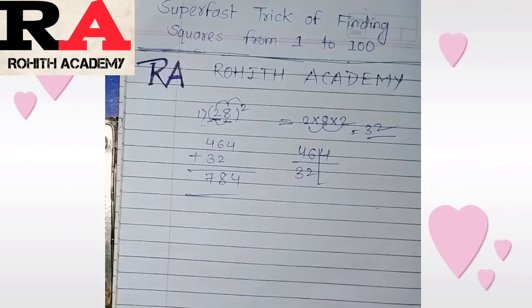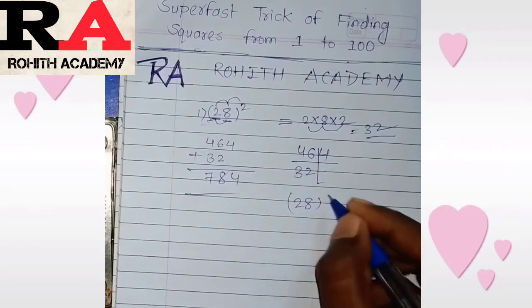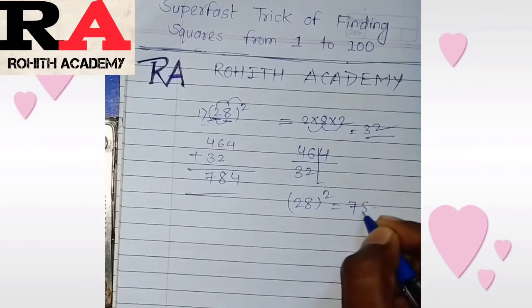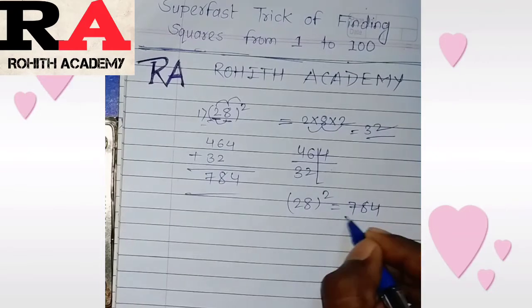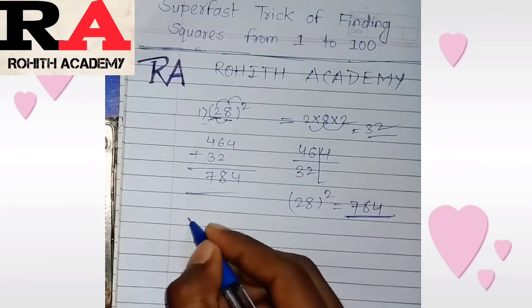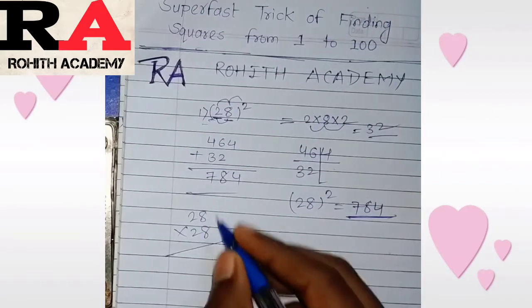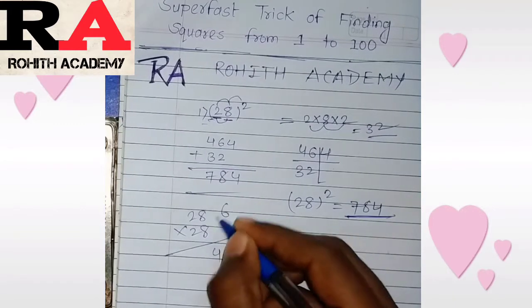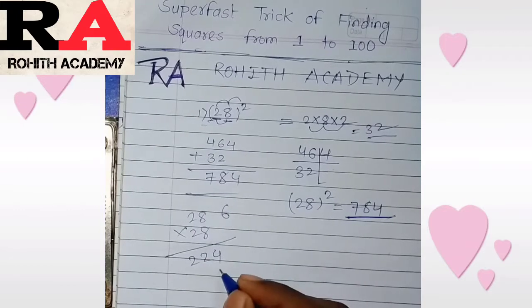If you do not believe it, I will prove it. 28 squared is equal to 784, our answer by the universal trick of finding squares from 1 to 100. So friends, I will show you the proof. 28 into 28. 8 eights are 64, write 4 carry 6. 8 twos are 16 and 6 is 22.